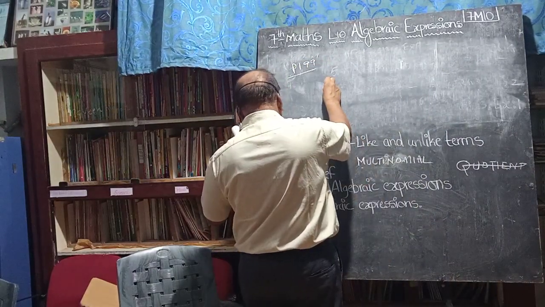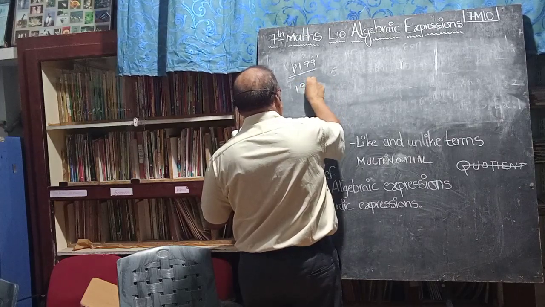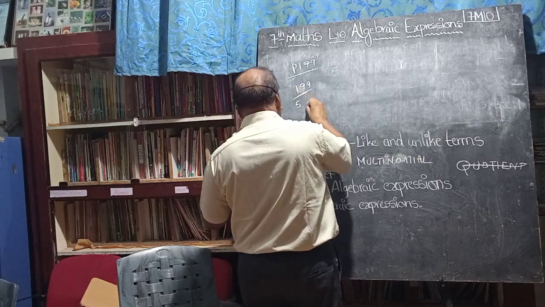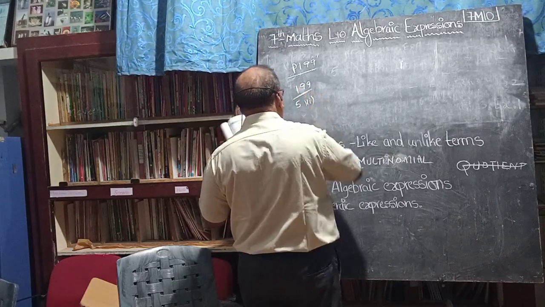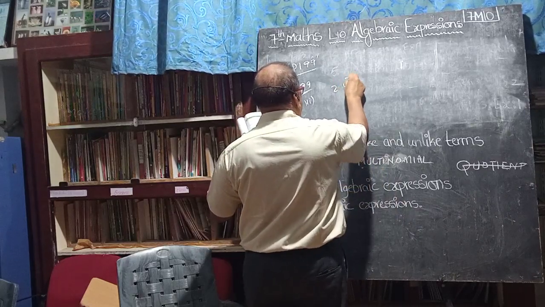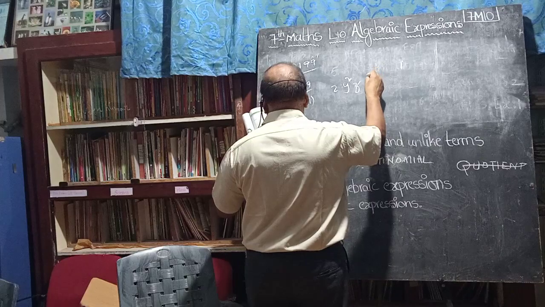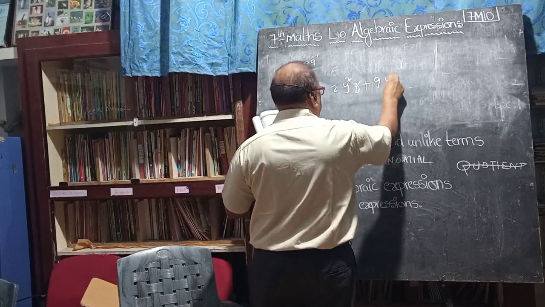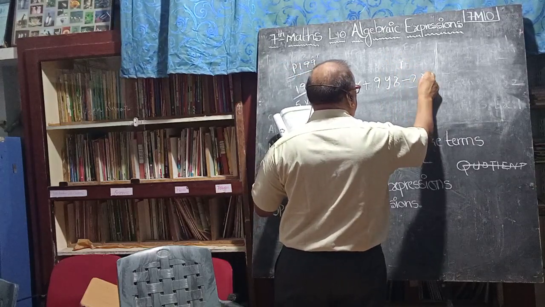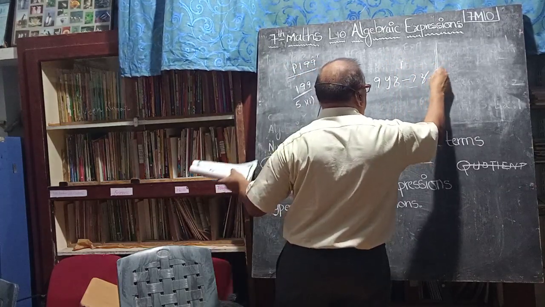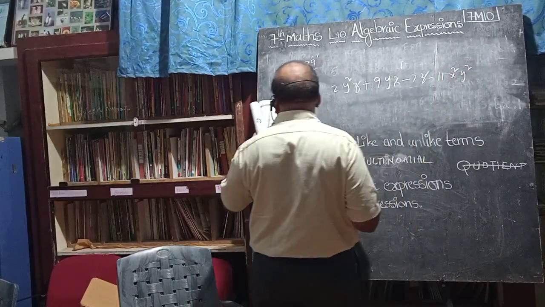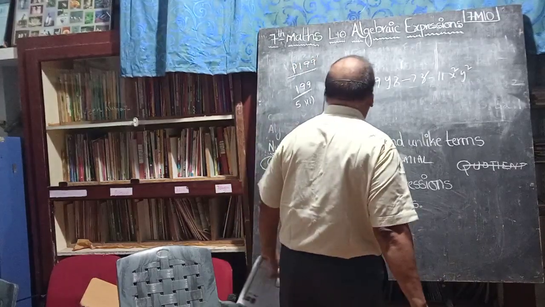This is 2y square z plus 9yz minus 7z minus 11x square y square. So they want to find the degree.